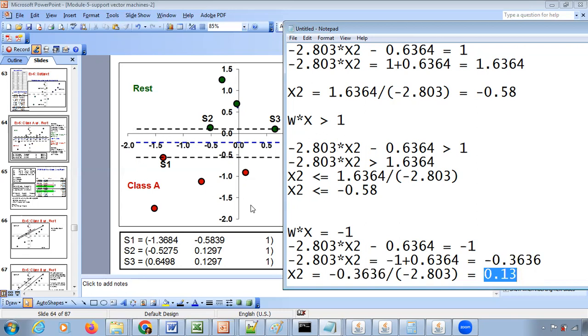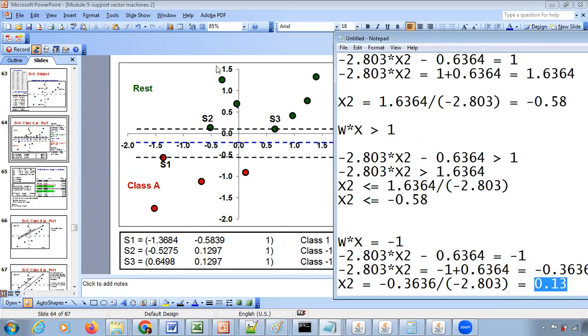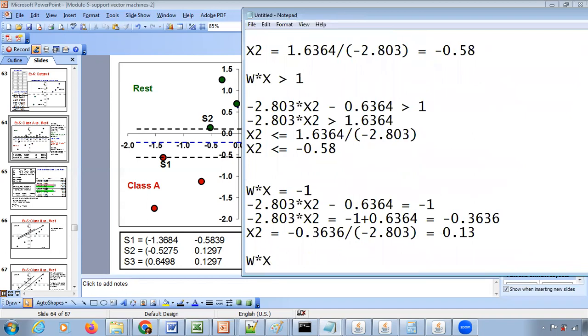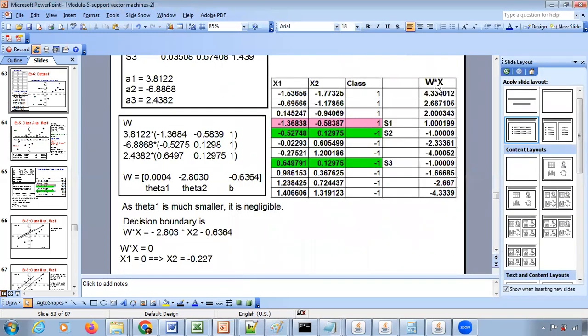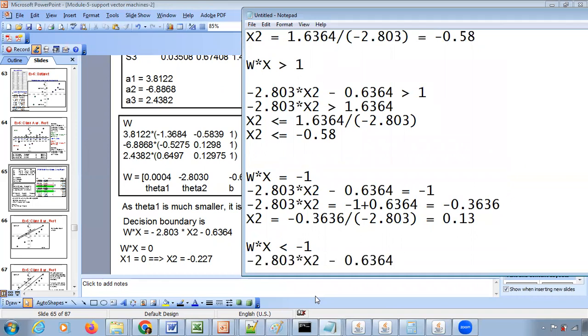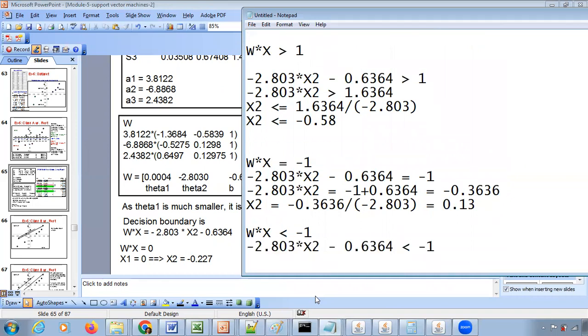Now for all the other green data points, x2 will actually be greater than 0.13, and we can check that. That's because for all the green data points, this is in class -1, so we wanted w times x to be less than -1, like we got here. So again, this is our w times x less than -1. So negative 2.803 times x2. Let's be careful.